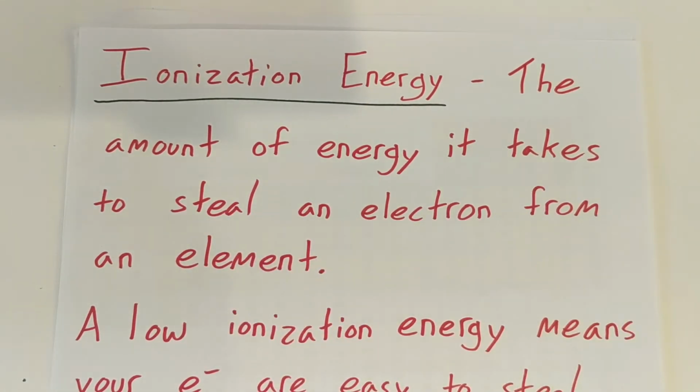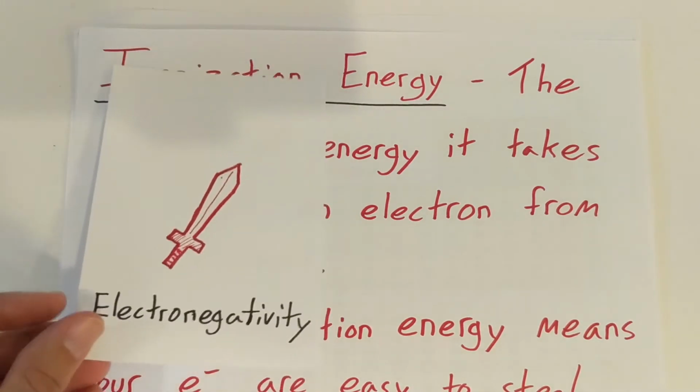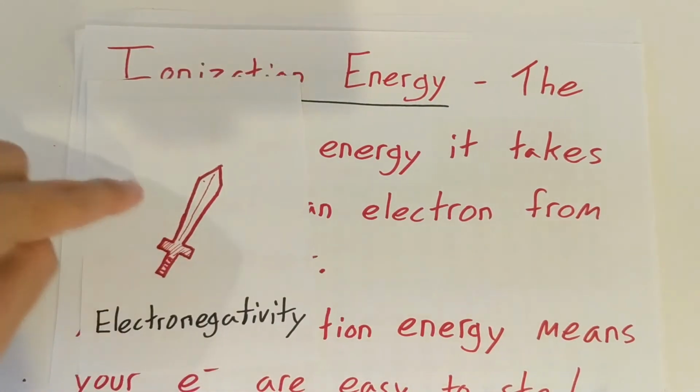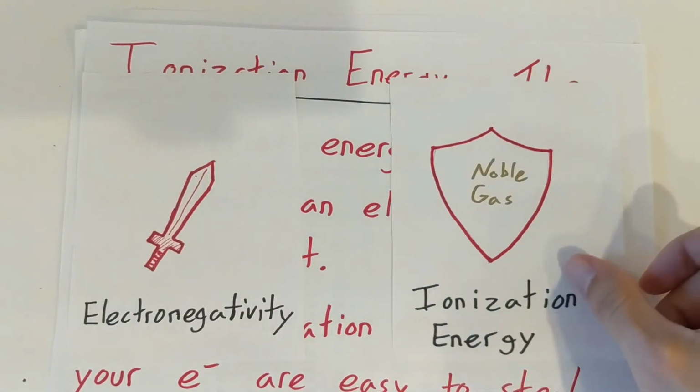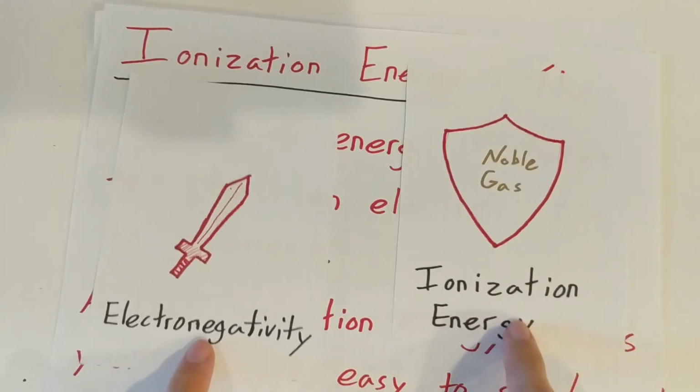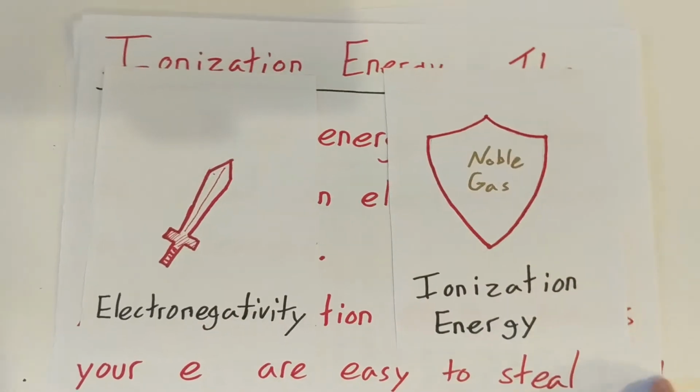So they sound very similar, but I want us to think of them like this. Electronegativity is like the offense, or like the action of taking away electrons, how good it is at taking them away. Ionization energy is its defense. How much energy does it take to steal that electron? So they're both in balance with each other.